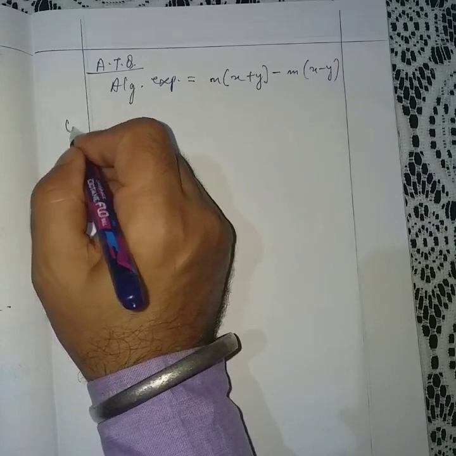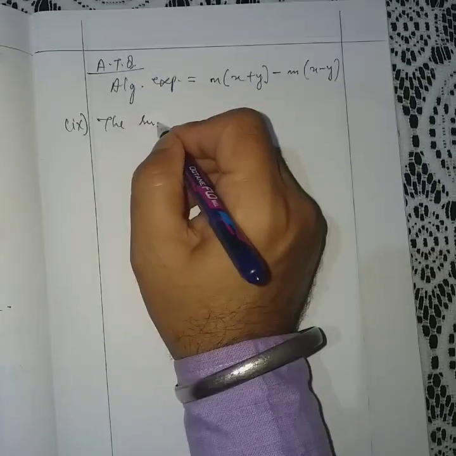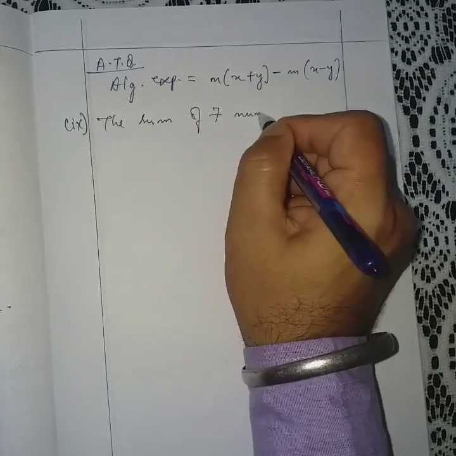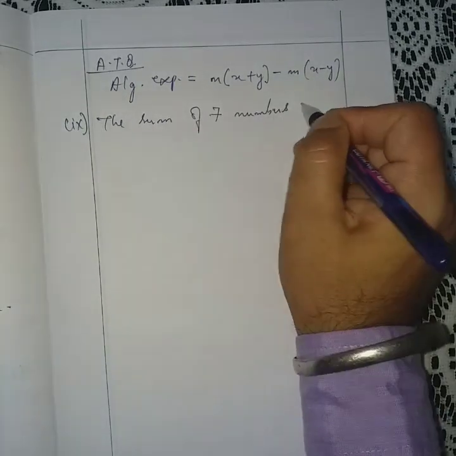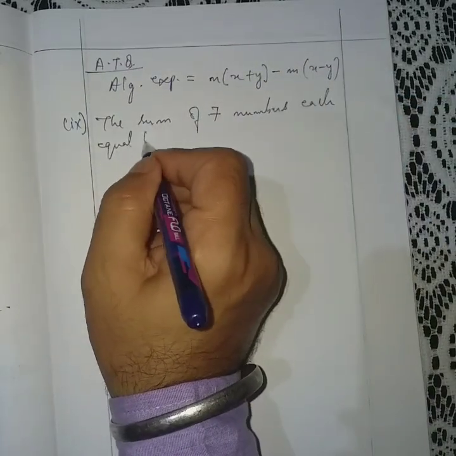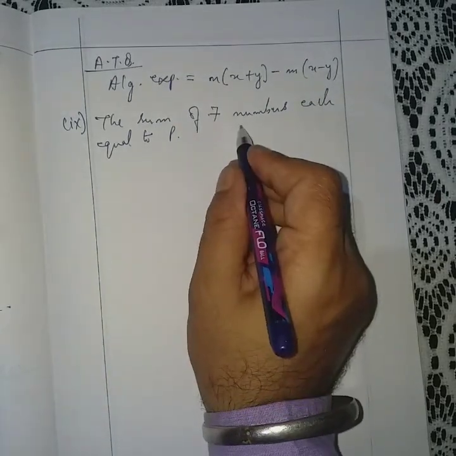Question number 9. The sum of 7 numbers, each equal to p.